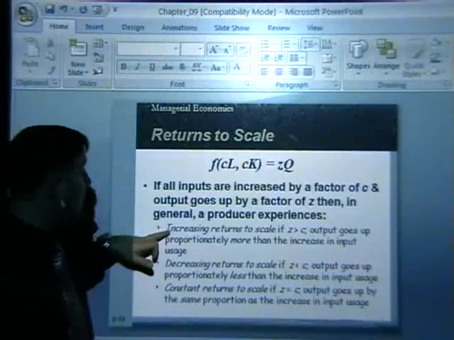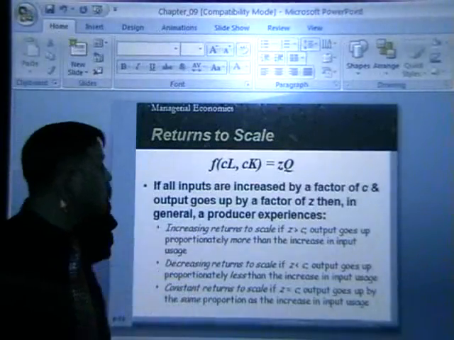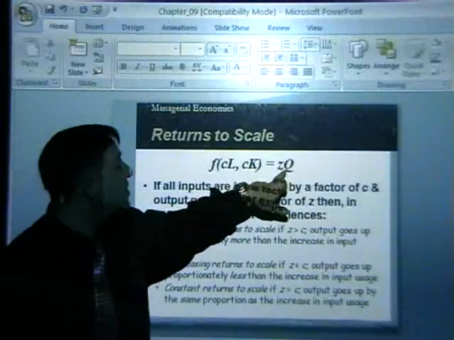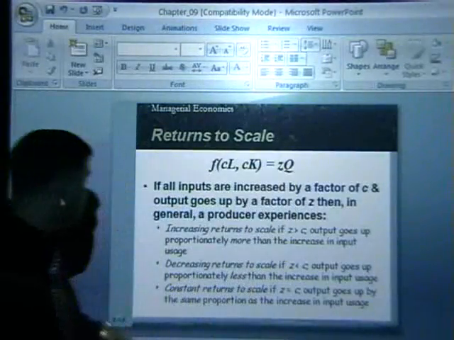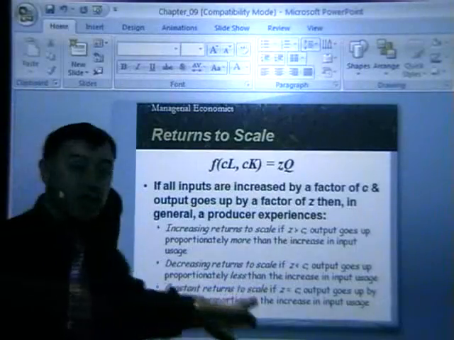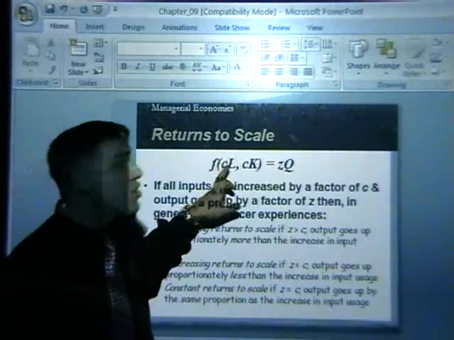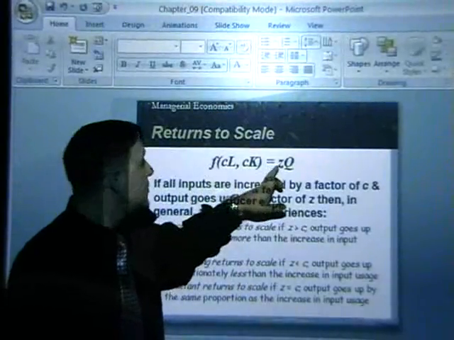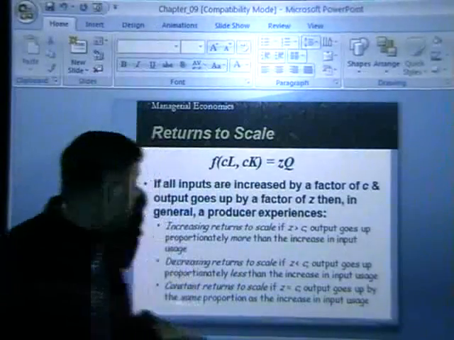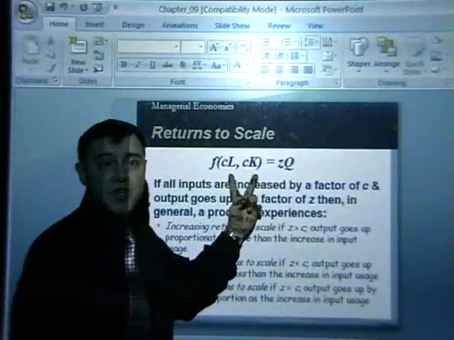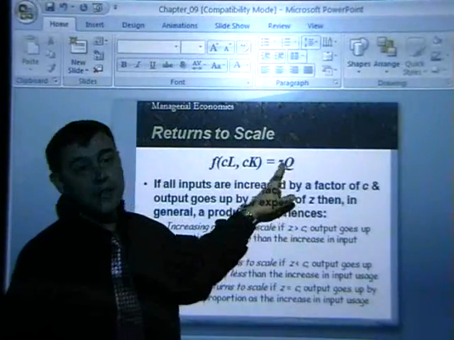We call the first case increasing returns to scale: when you double inputs, output triples. Constant returns to scale means if you double inputs, you double output. And decreasing returns to scale means you triple the inputs, but you can barely double the output.